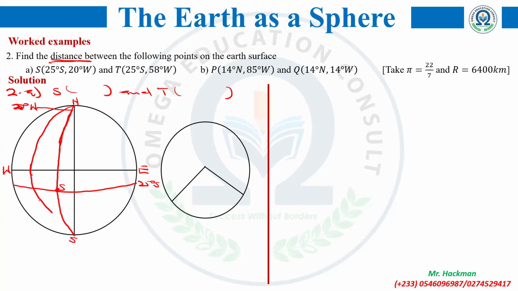And you come and join, to meet here. So that is your 58 degrees west. All correct, my professors. So where the latitude and the longitude meet, that's where your point T is going to be. All correct?